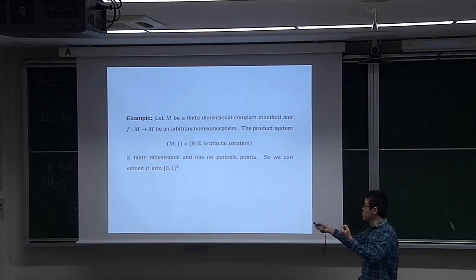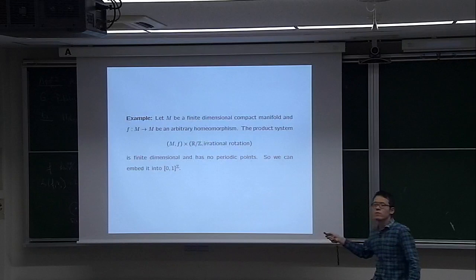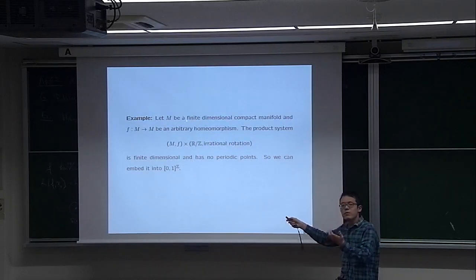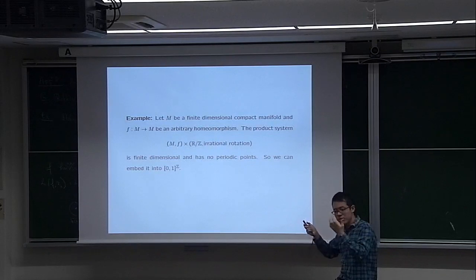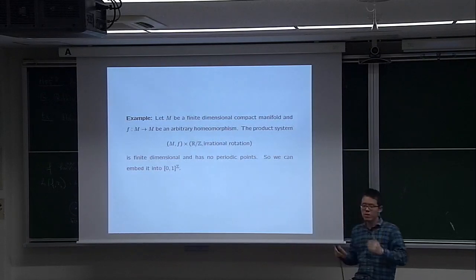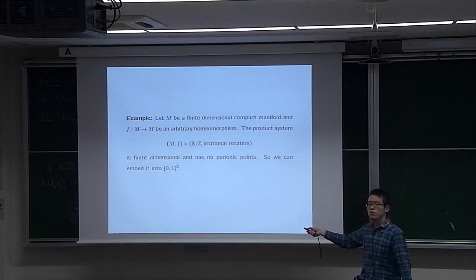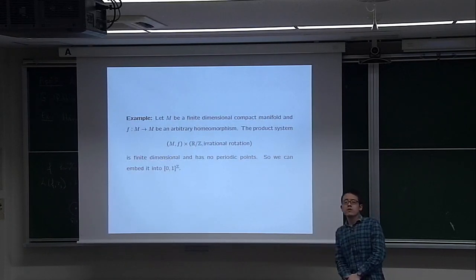And also this is finite dimensional. So Jaworski's theorem implies that we can embed this system into the shift on the Hilbert cube. So here, F is an arbitrary map, so it might be a very crazy map. But every messy phenomenon can be absorbed into the infinite dimensionality of the Hilbert cube. So I think Jaworski's theorem is surprising.